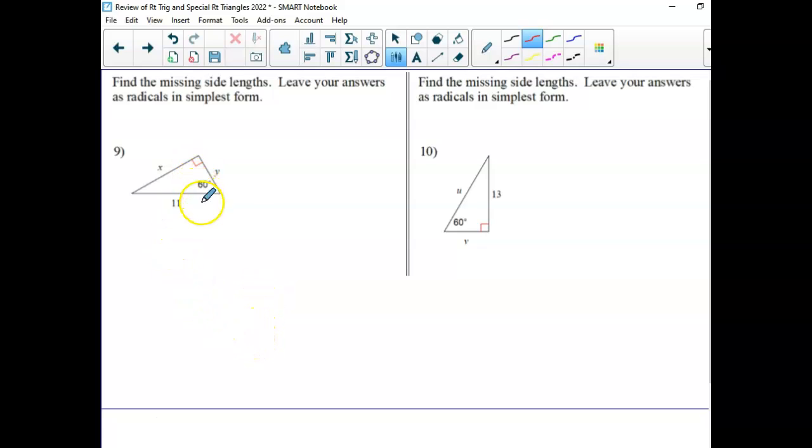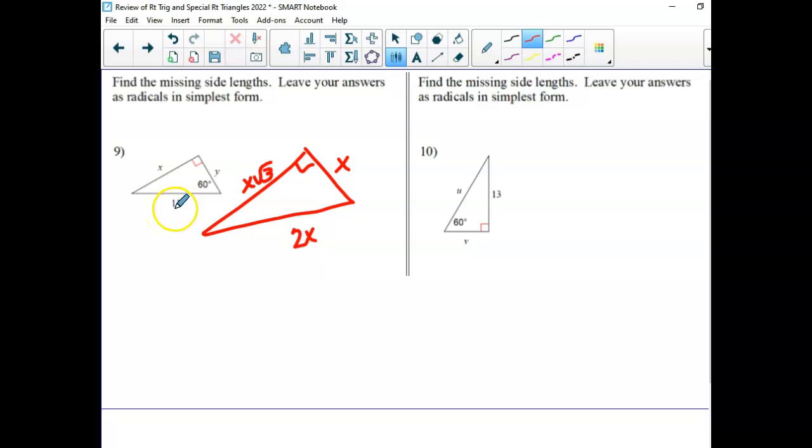All right, number 9. This is a little painful, but it's not as bad as some. If we have this idea, this is your x, this is your long leg, x square roots of 3, and this is your 2x on your hypotenuse. So if I know the hypotenuse, what do I need to do to get the short leg? I need to take and divide it by 2, yes?